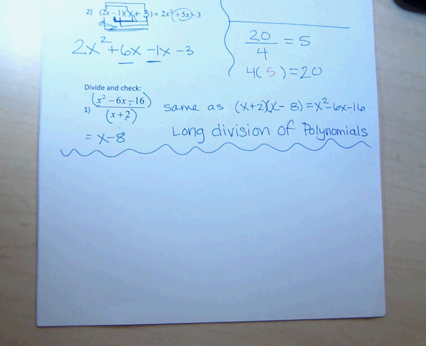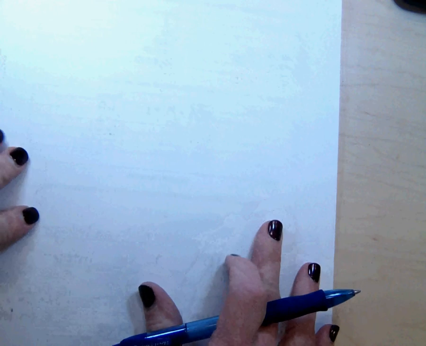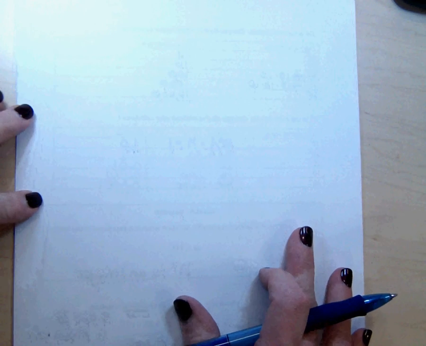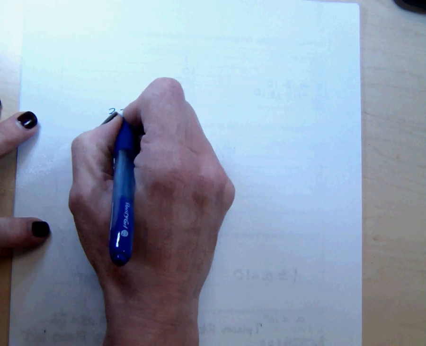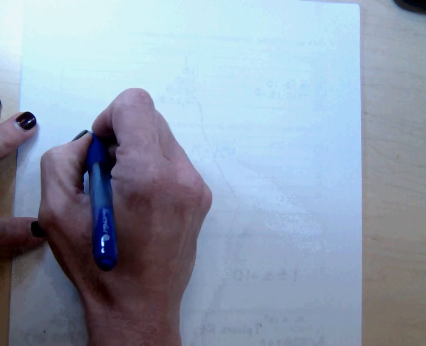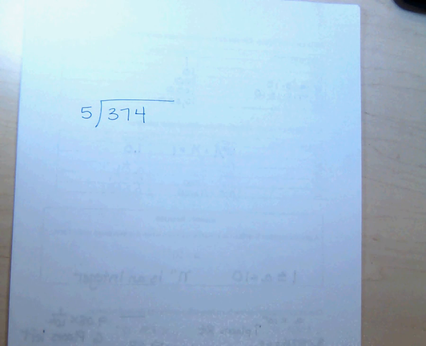So let's do a quick example just to get you thinking about the process for regular long division. I'm going on a separate sheet of paper here. Let's say I wanted to do the number 374, and let's say I wanted to divide by 5.